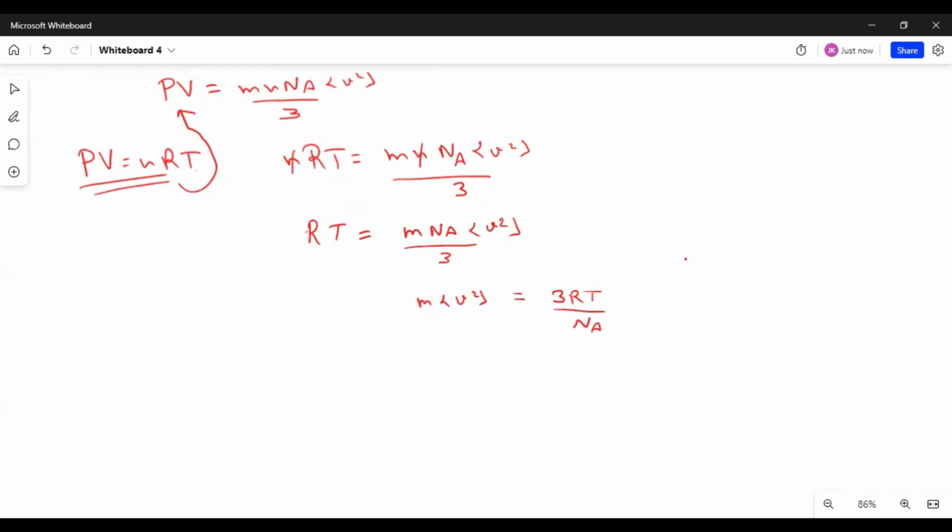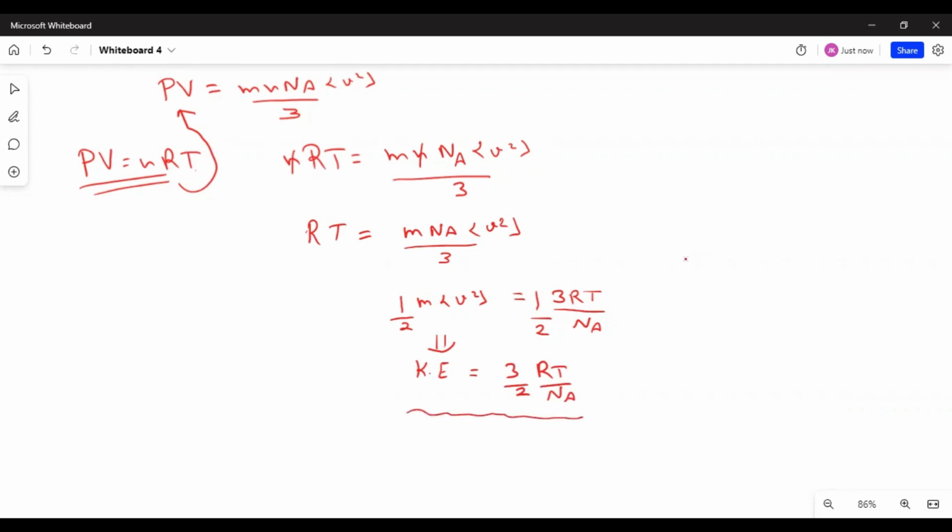Now we know this mv², which is close to kinetic energy, if we divide it by 2 on both sides, this will become kinetic energy, 3 by 2 RT by N_A, right? This is the kinetic energy.